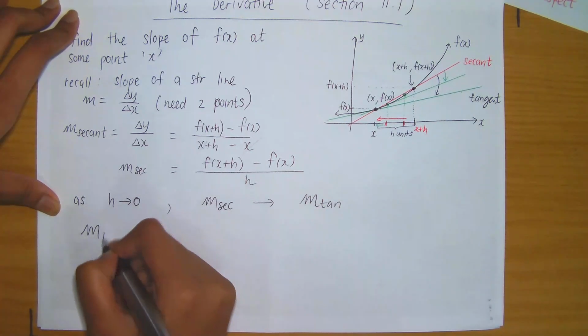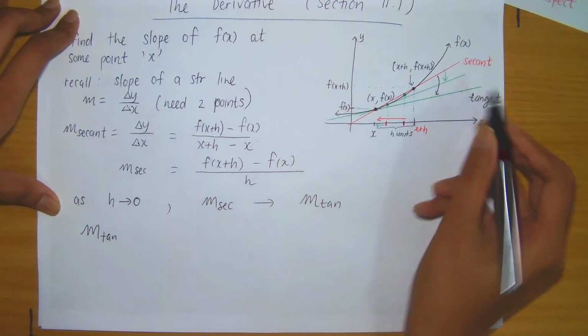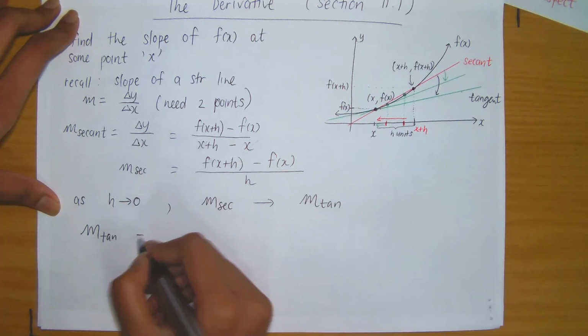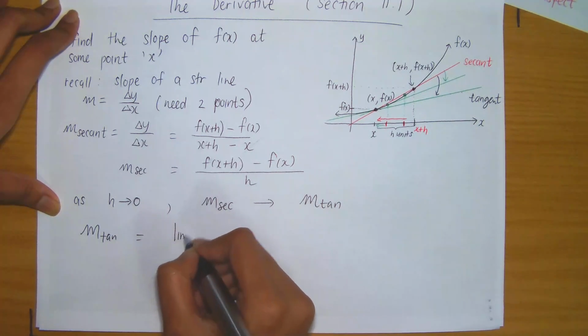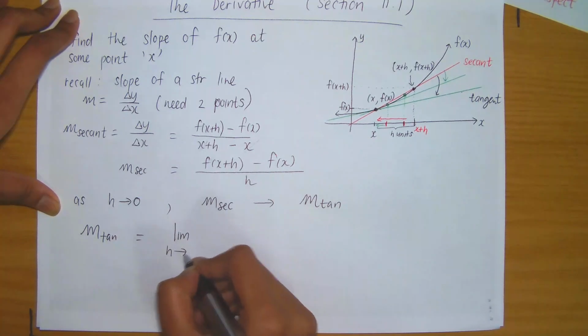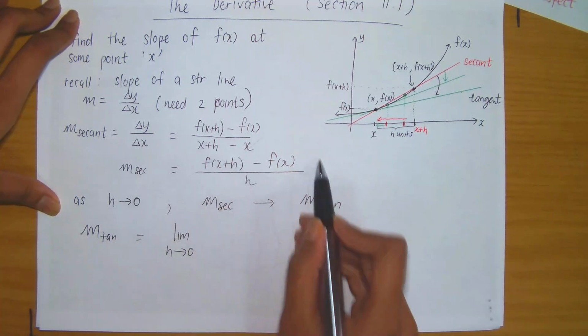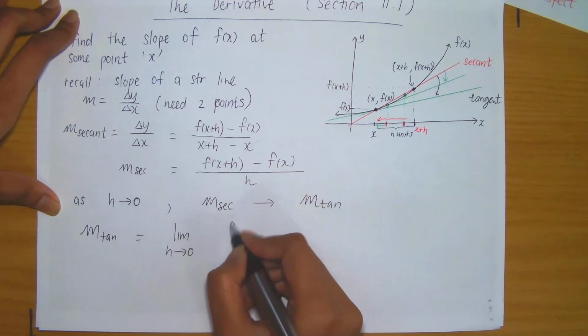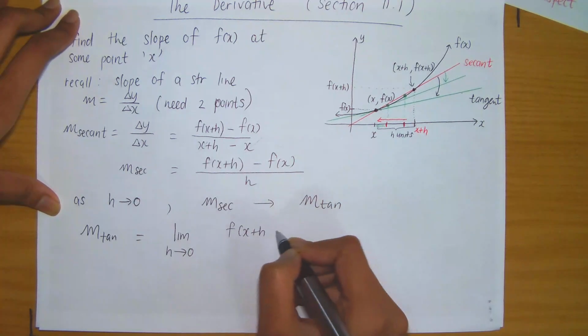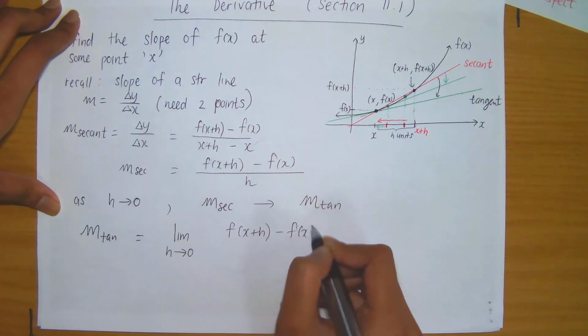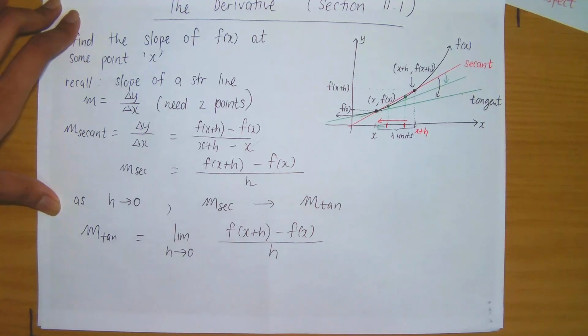So the gradient of the tangent line that we've just mentioned is now obtained by simply letting h tend towards 0, so taking the limit as h approaches 0 of the gradient of the secant, which was f of x plus h minus f of x divided by h.